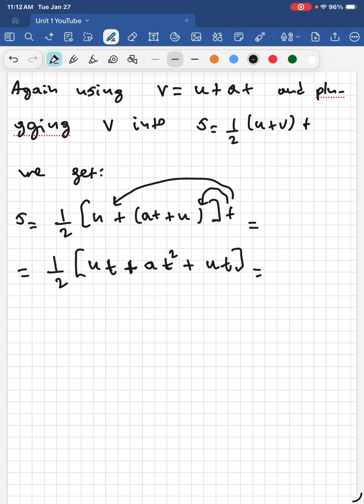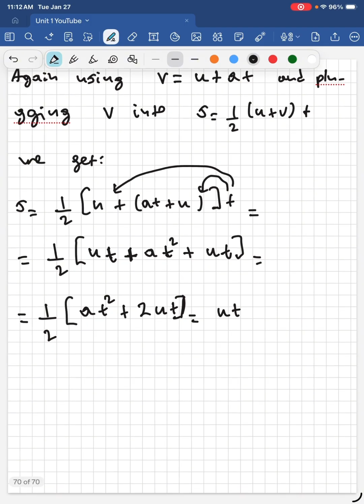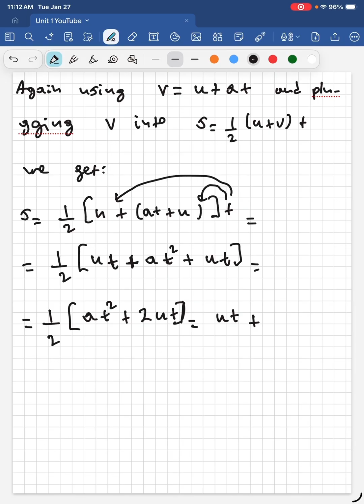So this yields 1/2 (at squared plus 2ut), and this is equal to ut plus 1/2 at squared, okay? So s is equal to ut plus 1/2 at squared, okay?